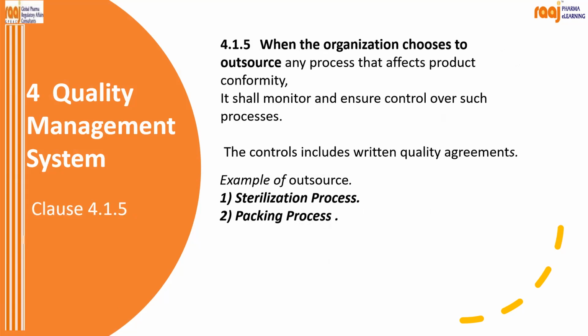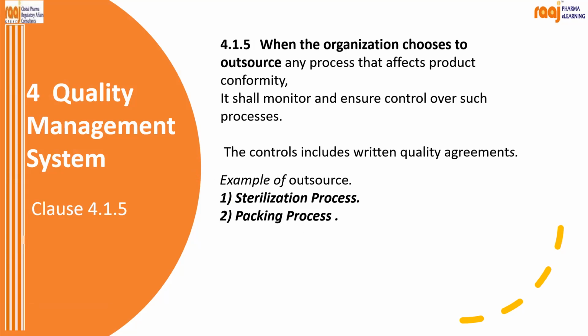Then 4.1.5 talks about when the organization chooses to outsource any process that affects product conformity, it shall monitor and ensure control over such processes. Those controls should be included in your written quality agreement. For example, sterilization process, packaging process.